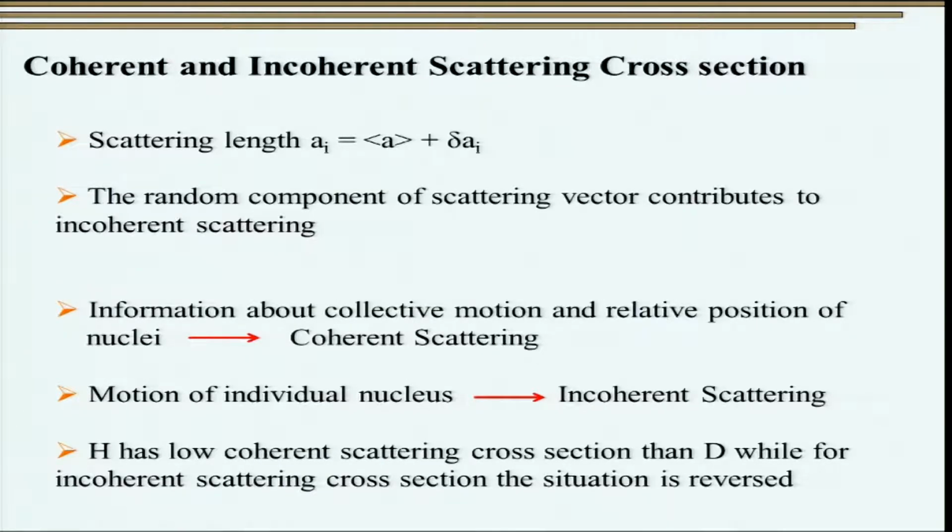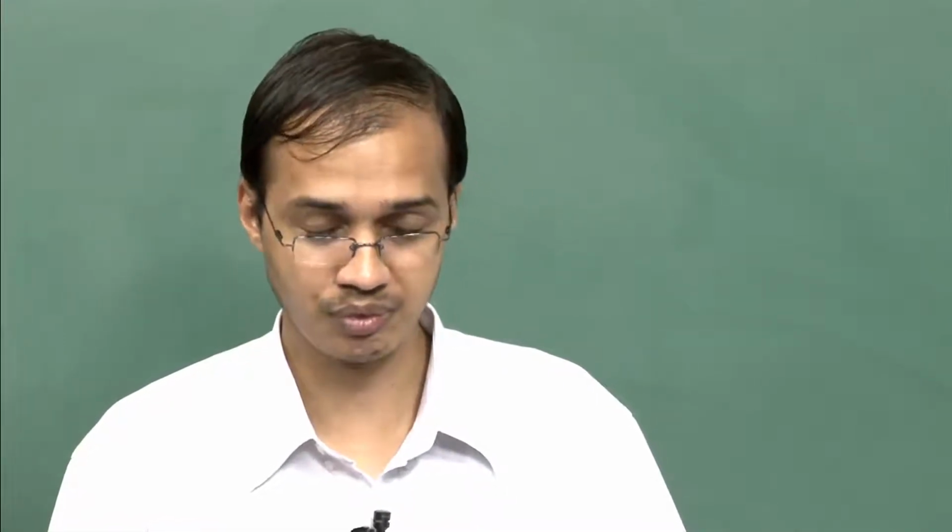incoherent scattering cross section. So, this way you can see that we can use different kinds of scattering events, namely coherent and incoherent, to detect the presence of a particular element, or to be more precise, a particular isotope in neutron scattering or diffraction.